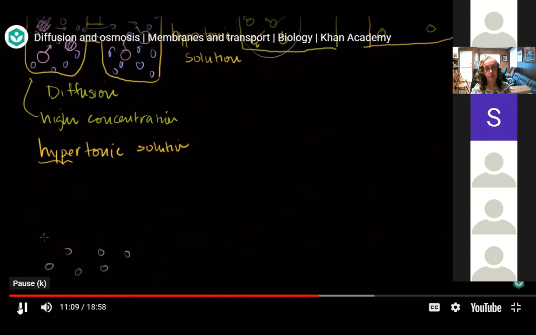This is the outside environment. And then you have some type of membrane here. Water can go in and out of this membrane. So it's semi-permeable. It's permeable to water, but the solute cannot go through the membrane.